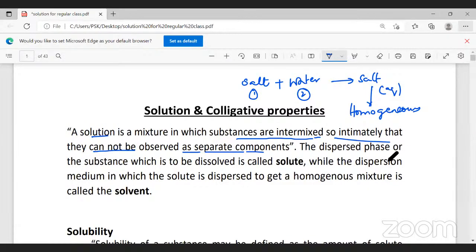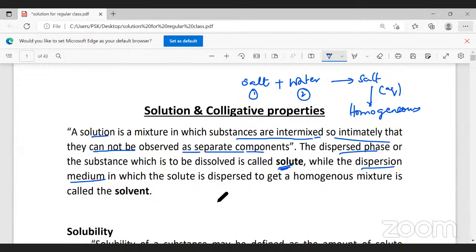Now, they are introducing two terms here. One is dispersed phase. The other one will be called as dispersion medium. Now, dispersed phase is generally a solute. Dispersed phase or a substance which is to be dissolved is called a solute, while the dispersion medium in which the solute is dispersed to get a homogeneous mixture is called a solvent.